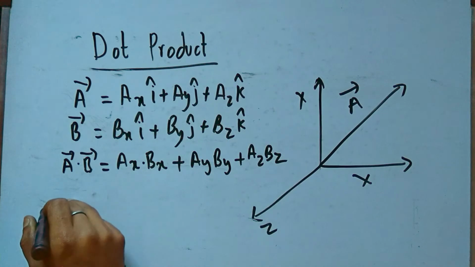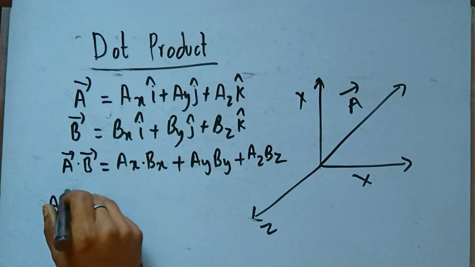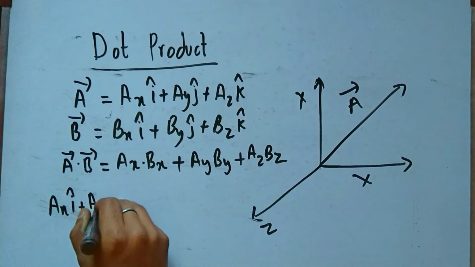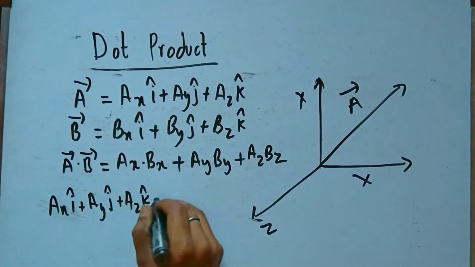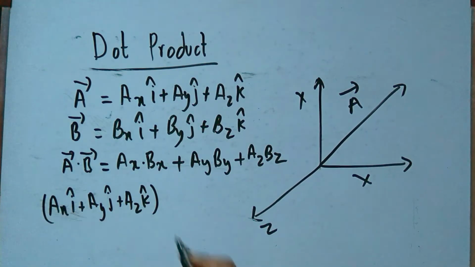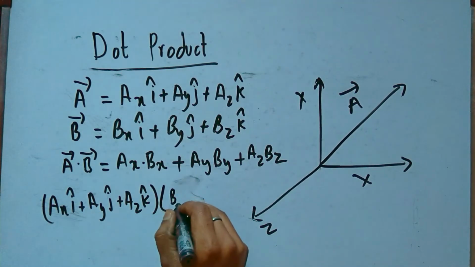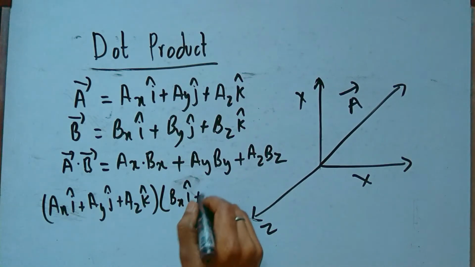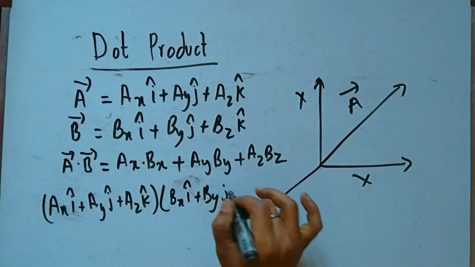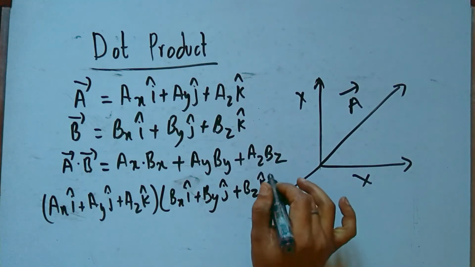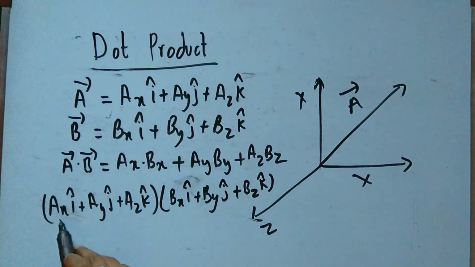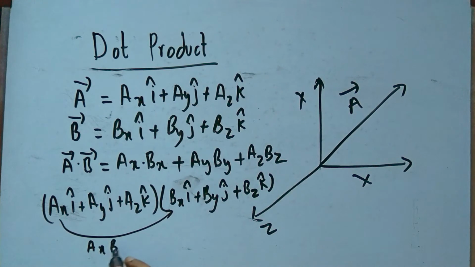because when we multiply Ax i plus Ay j plus Az k and Bx i plus By j plus Bz k cap, when we multiply with this, it becomes Ax Bx i dot i.